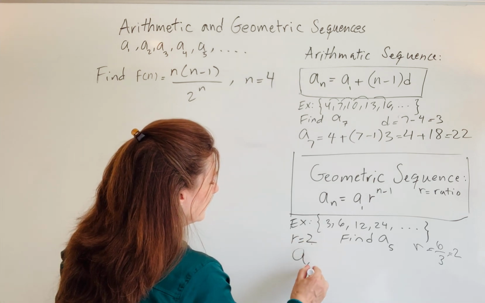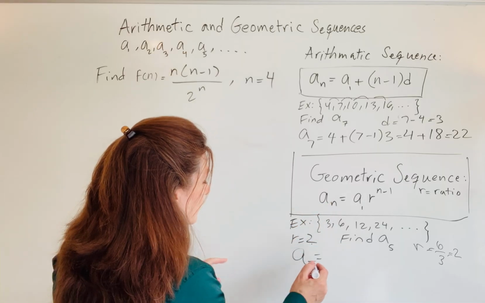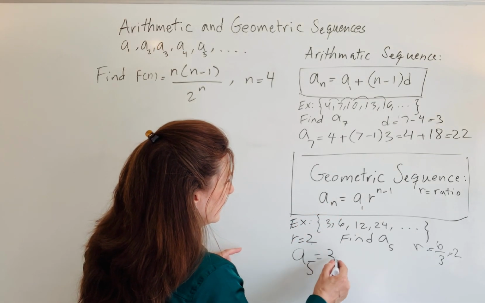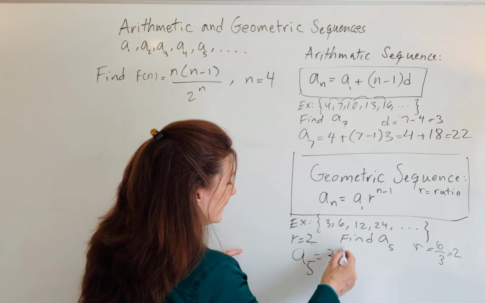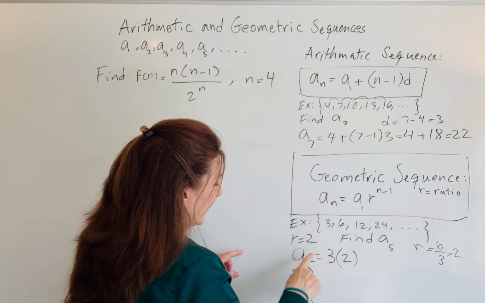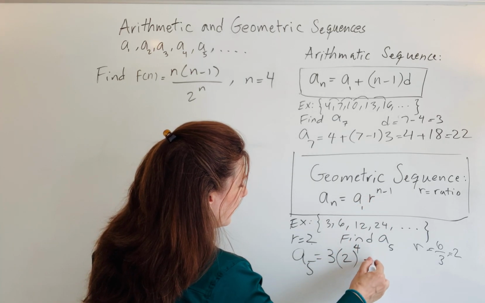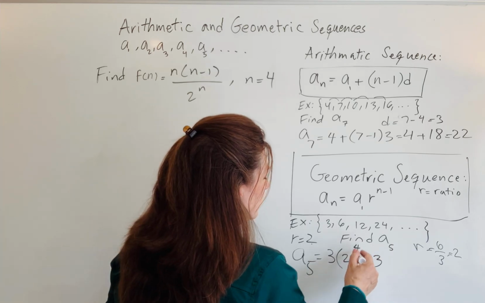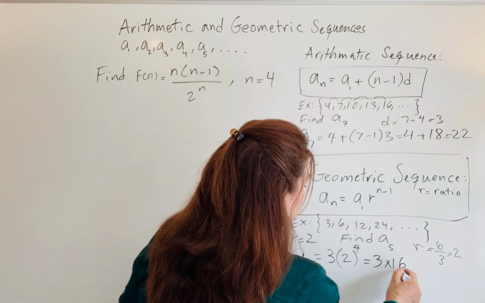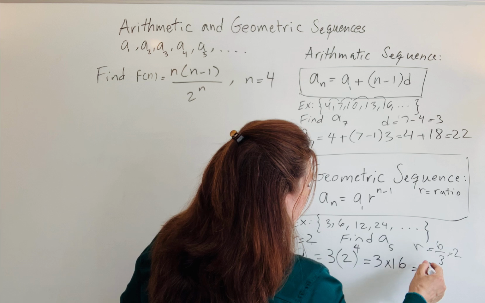Find the fifth term of the geometric sequence. The geometric sequence is this one. The fifth term, a fifth, is a first, 3, times r, 2, raised to n minus 1. n is 5, minus 1 is 4. 3 times 2 to the fourth is 3 times 16, which is 48.